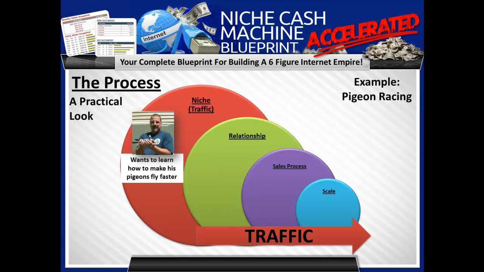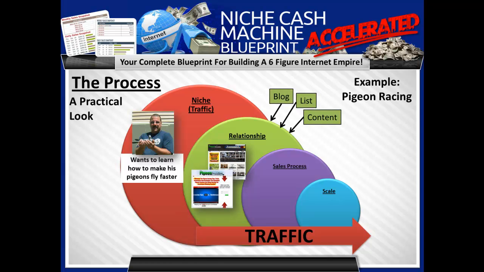Dom wants to learn how to make his pigeons fly faster. That is the niche. The niche is pigeon racing, and the demographic is they want to learn how to make their pigeons fly faster. And what we do is we build that relationship with that niche by sending them to our blog, building a list, and delivering high quality content.